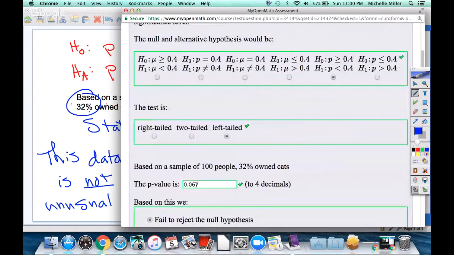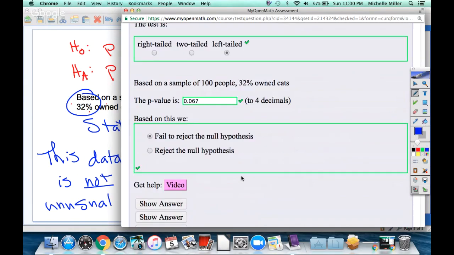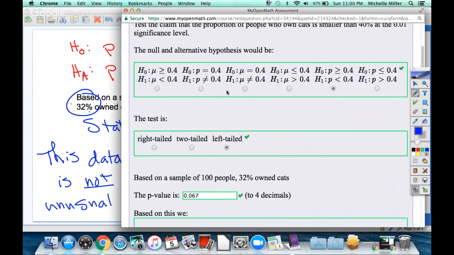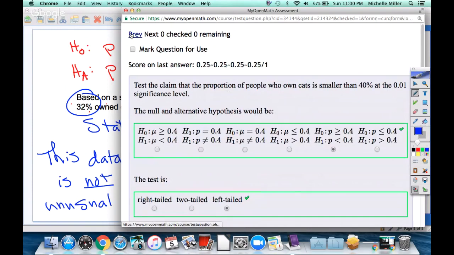Once in a while, the p-value from the simulation will be a little bit different than what was expected by the computer program here. So if you think you ran a good test, then just send me some information from your notes with the message your instructor option here, and I'll check it out and see if I believe you were close enough or not. Sometimes it's hard to program that into a computer-graded system like this, but we do our best.